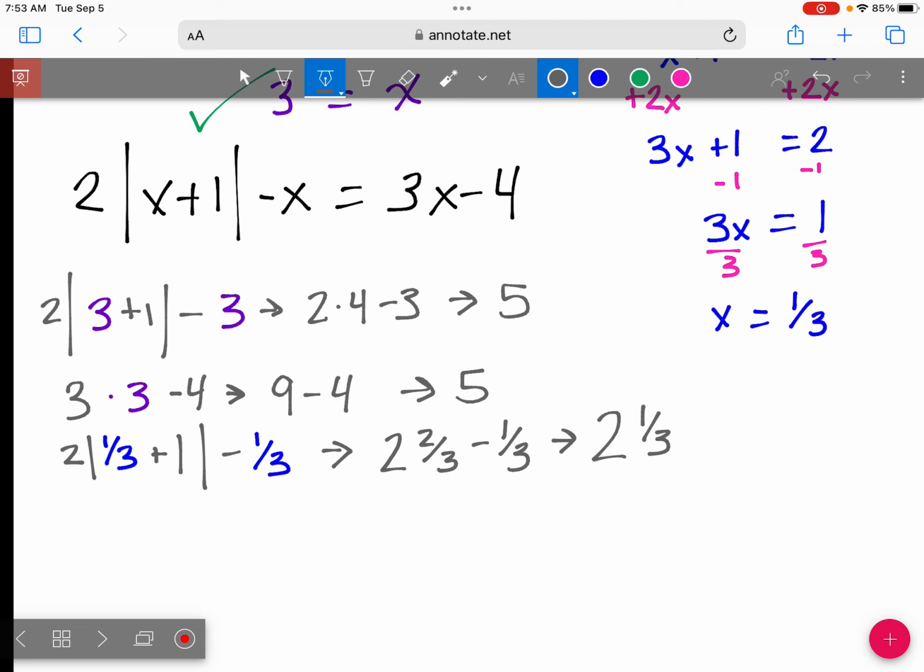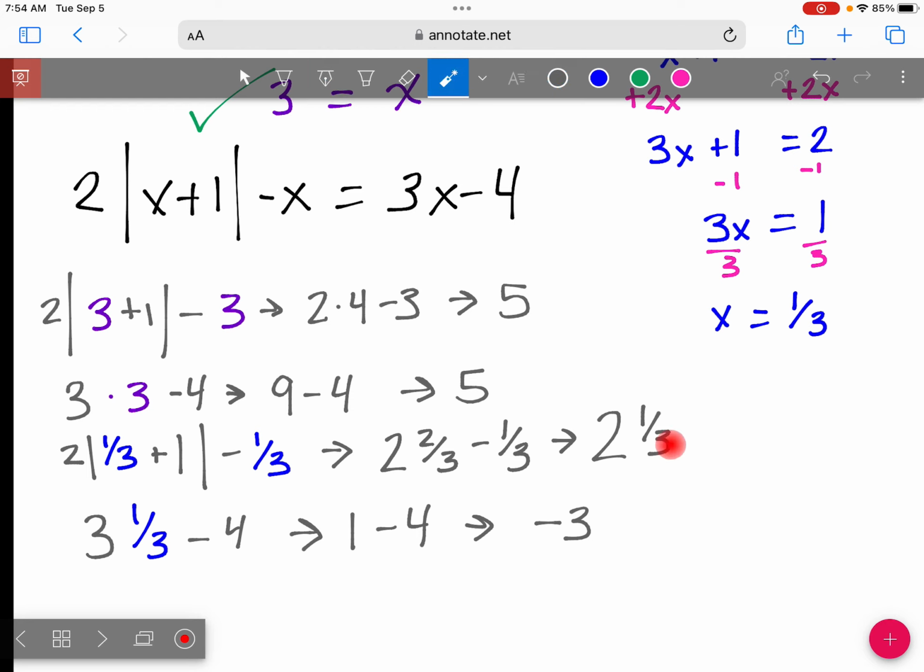Let's check the other side. 3 times 1/3 minus 4. What is 3 times 1/3? 1. 1 minus 4 is -3.